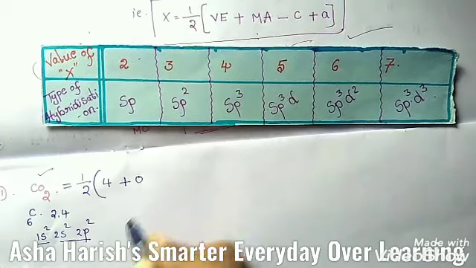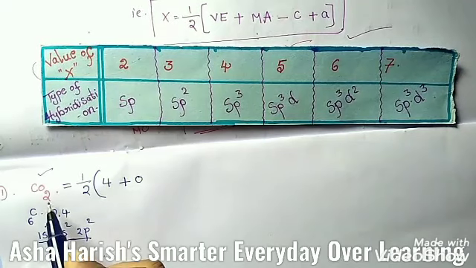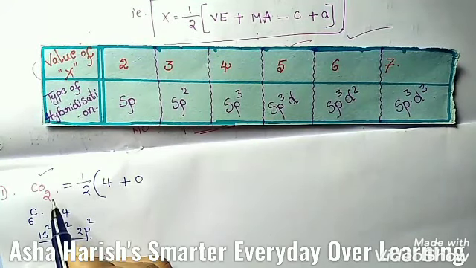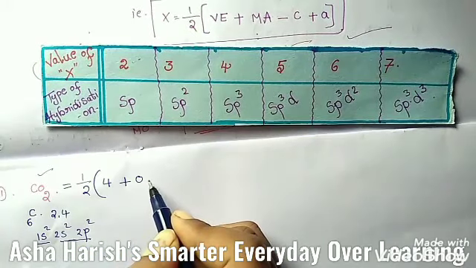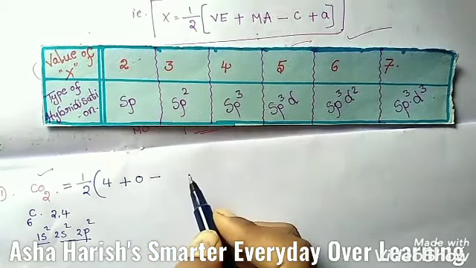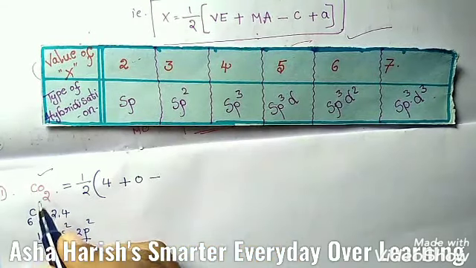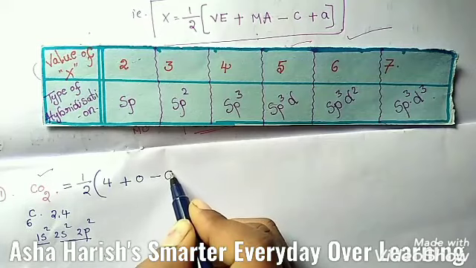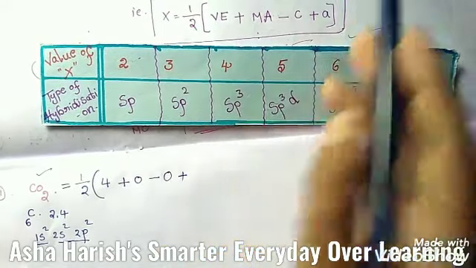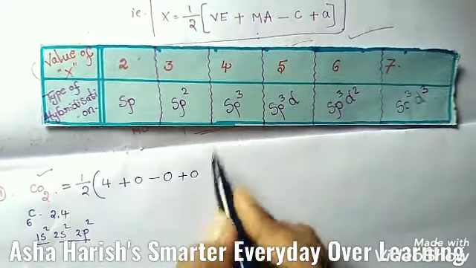Because oxygen is divalent here. O2 is a divalent atom, so MA is 0, minus charge on the cation. There is no ion formation, so you can take that also as 0, plus anion charge, also you can take it as 0.